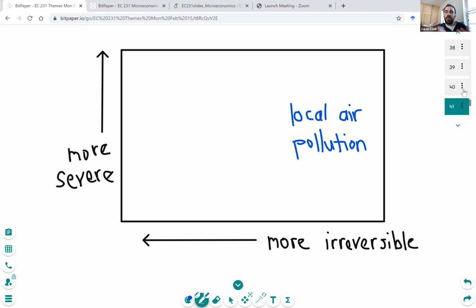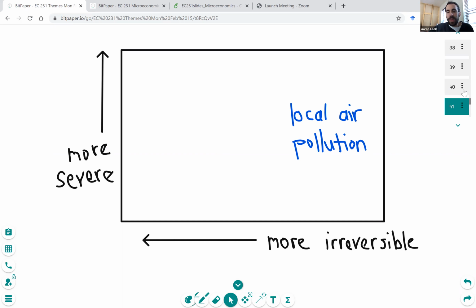And that has some potentially very serious health effects, and would also kind of go away. The air would dissipate after a while. New air would flow into that area and blow away the pollution, and so it doesn't persist in the same way that other kinds of pollution would. So that would be an example of something that's a little bit more severe, but still in the area of the space of reversible kinds of damages.